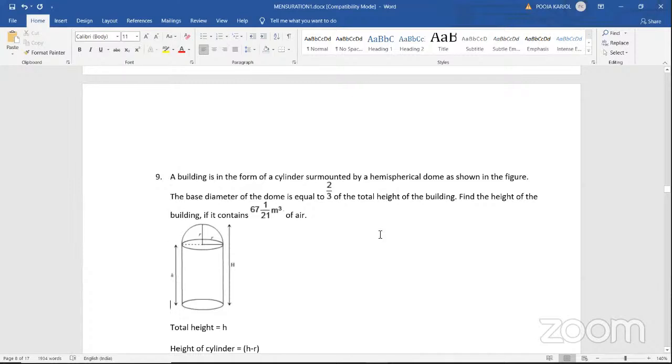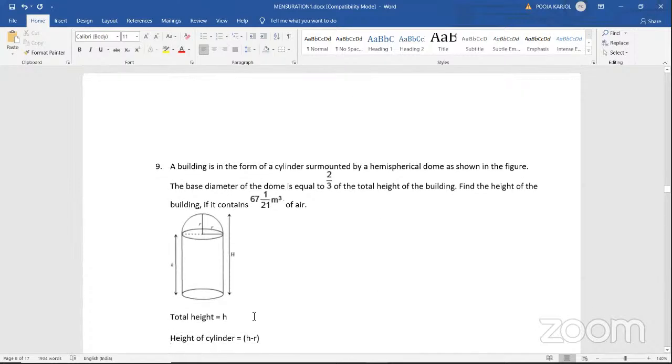Total height, I'll take it as capital H. Height of the cylinder, which is small h, is equal to H minus R, the height of the total building minus radius.